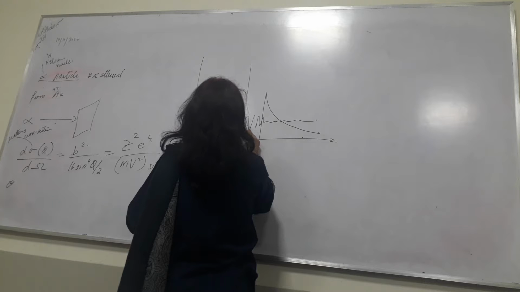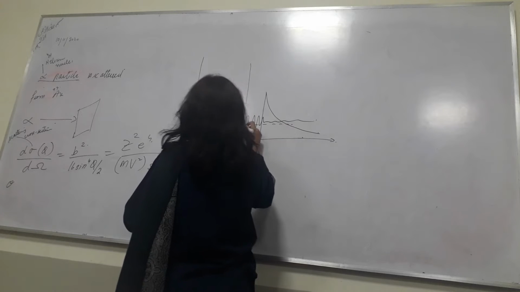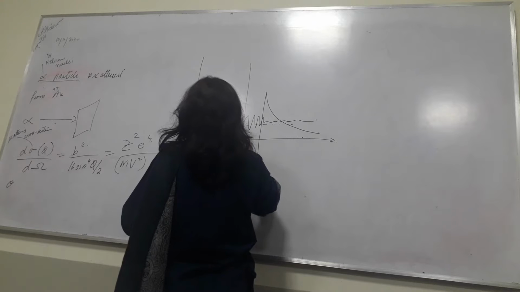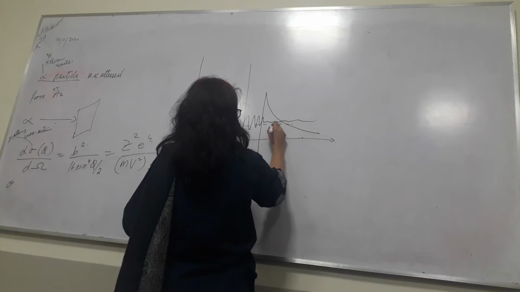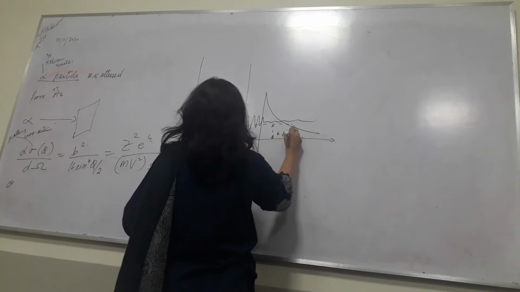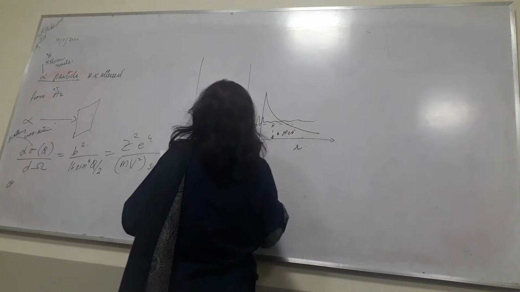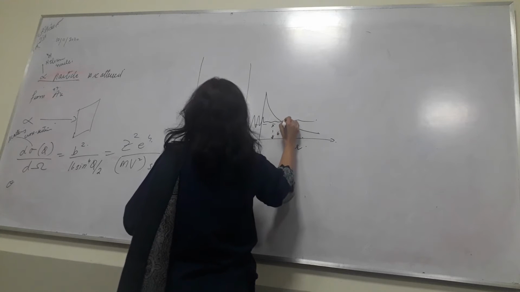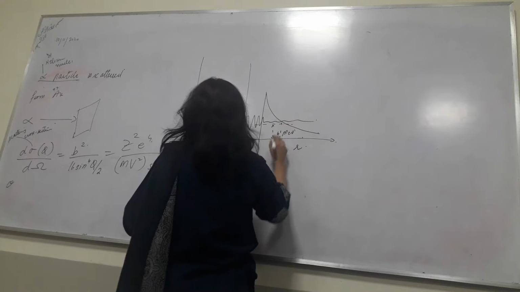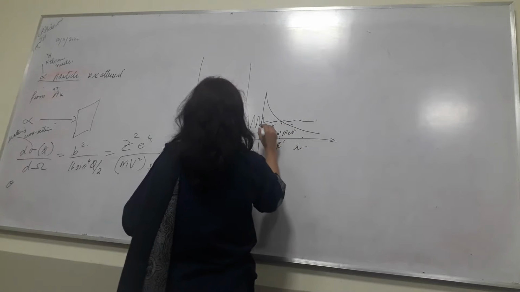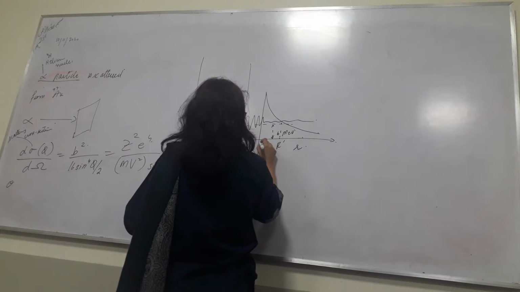And this is a description of how the reaction is taking place. And this here is, let us say, 6 MeV, and this is R. And these distances have been measured as R prime and R.